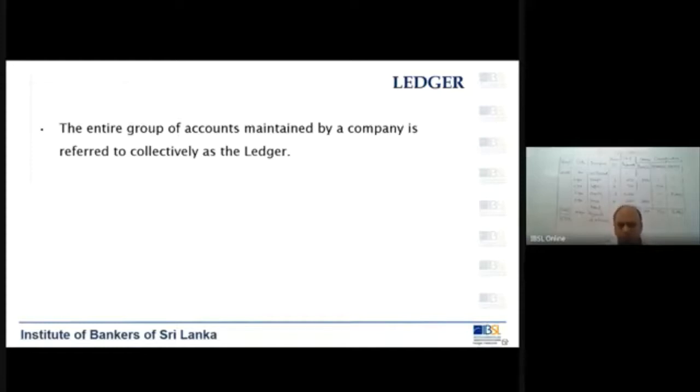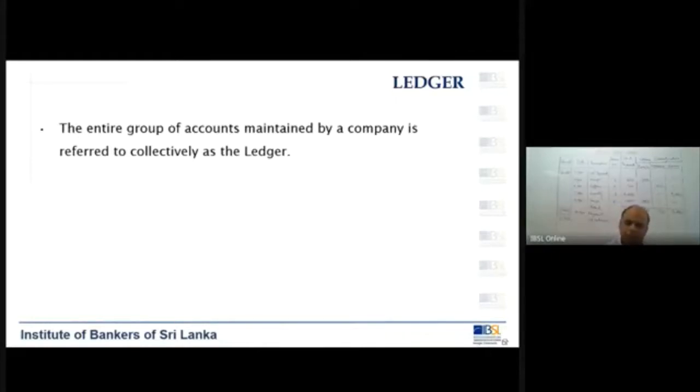But now everything has been brought under one umbrella, which is your computer system. So companies will have at least a small software tool where they maintain their accounts in a system. It is very unlikely that people still maintain ledgers in books like CR books or any other books.